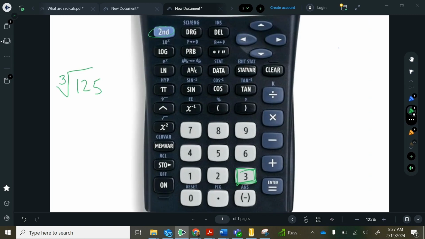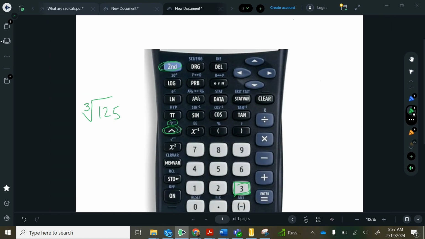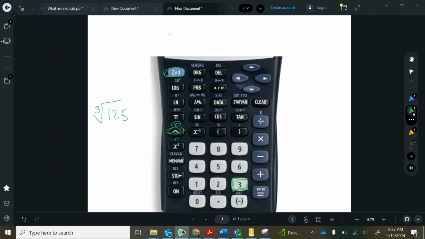So we hit the second button, then we hit this button, which of course gives us this function here. And then we type in 125. And what it'll look like on your calculator screen, you'll have the 3. And then after you do second and hit that button, you'll get a radical with an X. And then you type in 125. Then you hit enter. And guess what? It's going to give you the same answer, 5. So that's how you can do it on the calculator.